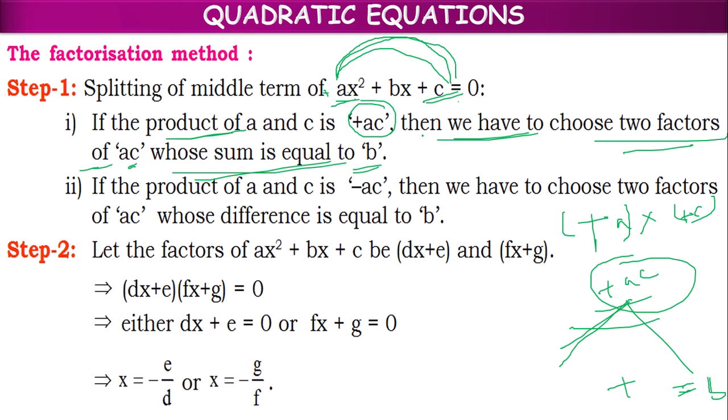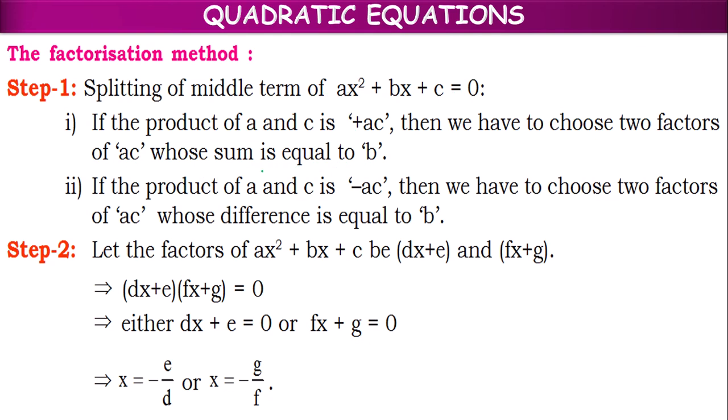So here, middle term b. So let the factors of ac be chosen like that. This is first step children.